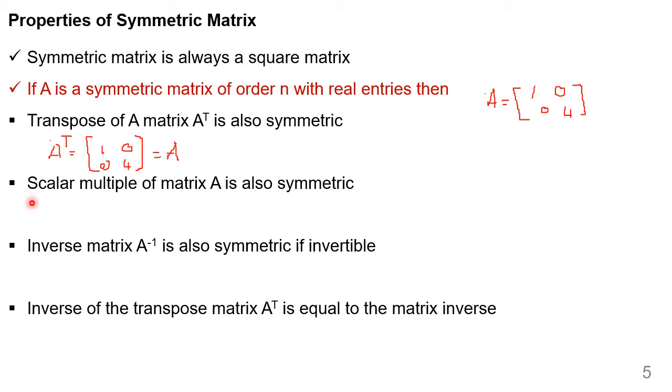The second property says a scalar multiple of matrix A is also symmetric in nature. Let me multiply the matrix with 2, that is 2A. That is 2 times 1, 0, 0, 4. That will give me 1 into 2, 0 into 2, 0 into 2, 4 into 2.